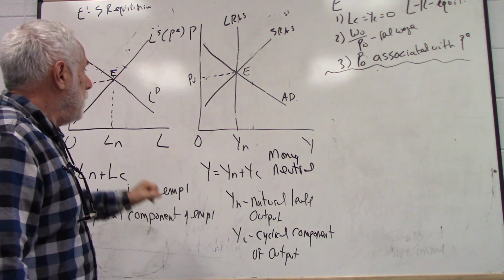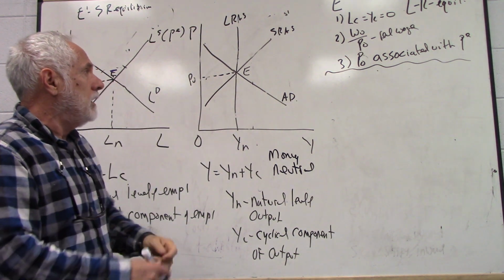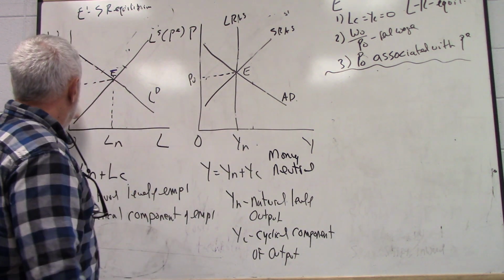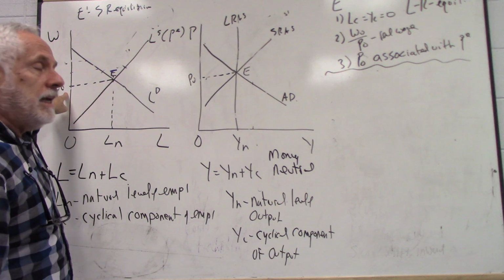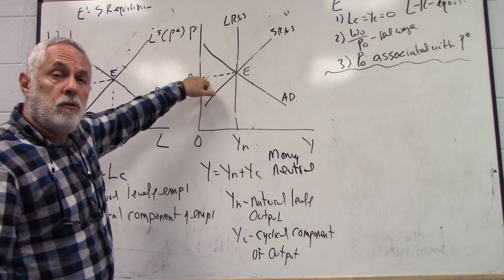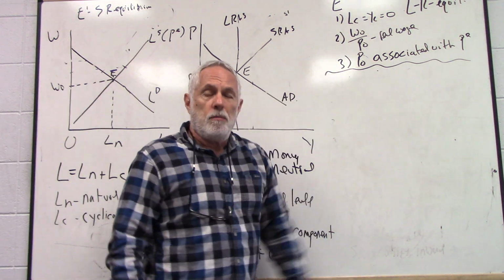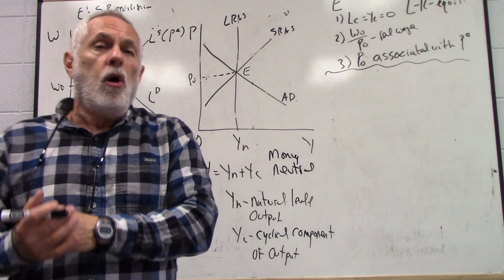So, the combination of the two graphs allows us to calculate the real wage. W0 is the nominal wage obtained in the employment market, and P0 is the equilibrium price level in the output market, and then W0 over P0 is the real wage in long-run equilibrium.